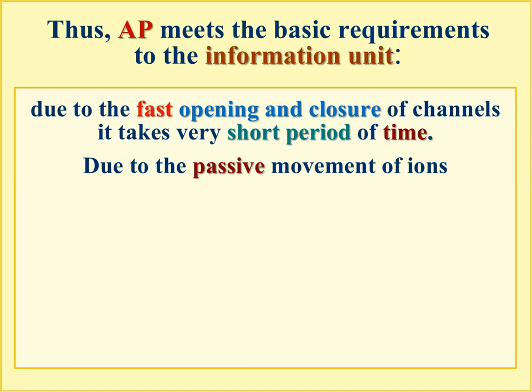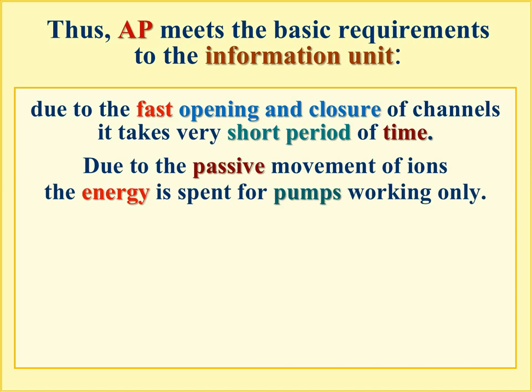Then, channels provide the passive movement of ions, and therefore we don't spend much energy for generation of the potential. Of course, we cannot forget about the pumps, because pumps should work constantly to keep the concentration differences, which finally make the ions move passively through open channels.